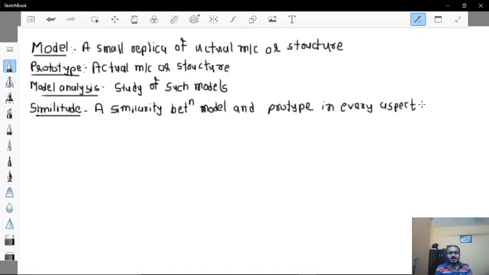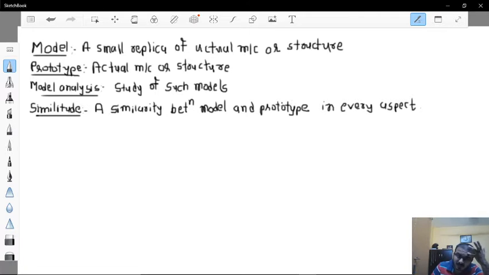So what is the meaning of this? That model and prototype... Okay, again I have made a mistake. Typo. So they both have a similitude, means a similarity between model and its prototype in every aspect, or that means that model and prototype both possess similar properties or both are exactly similar to each other.